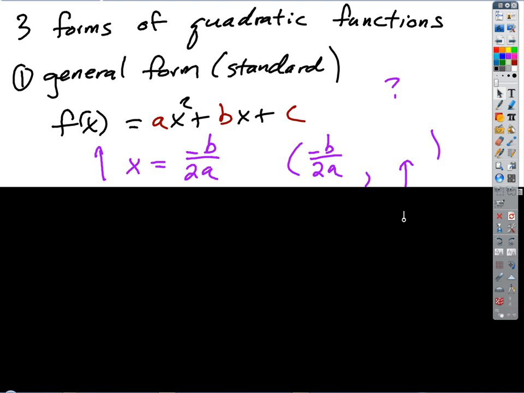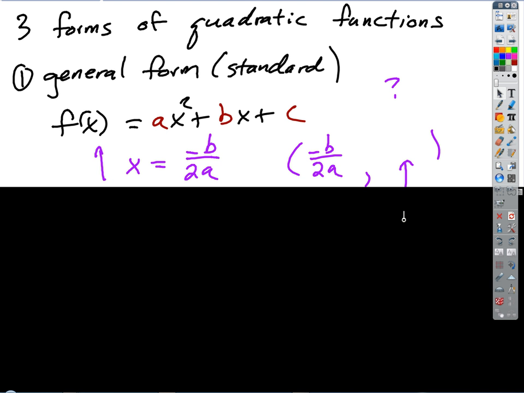All right, now if we wanted to sketch a quick graph of a quadratic function in standard form, we can plug in the values of a and b into that little formula to find the x-coordinate.